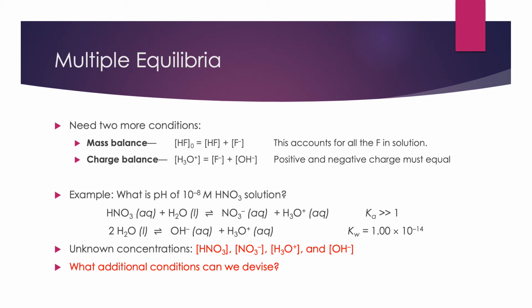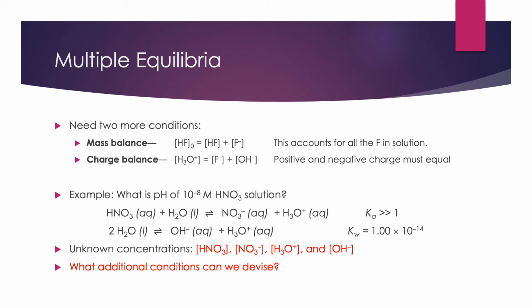So that means that the initial concentration of the hydrogen fluoride acid that I put in, HF with a subscript 0, has to be equal to the equilibrium concentration of the HF plus the equilibrium concentration of the F minus. In other words, the stuff that's on the right-hand side contains all the fluoride that's in the solution at the end of equilibrium. The thing on the left-hand side is all the fluoride that's in the solution before anything has happened.